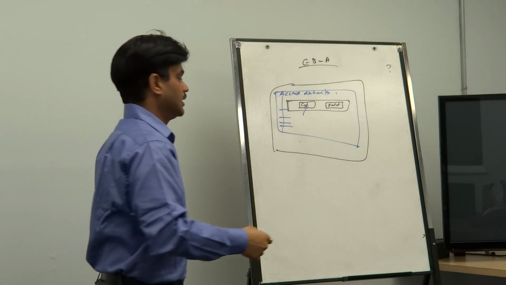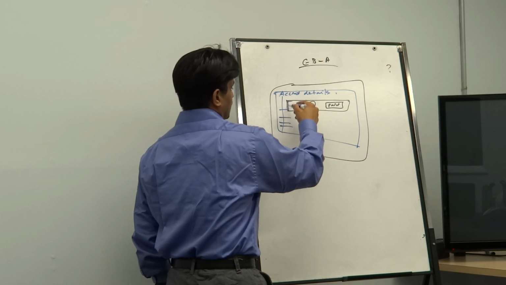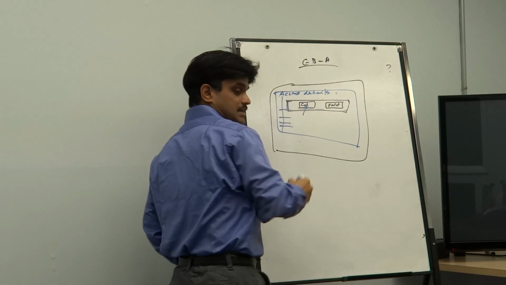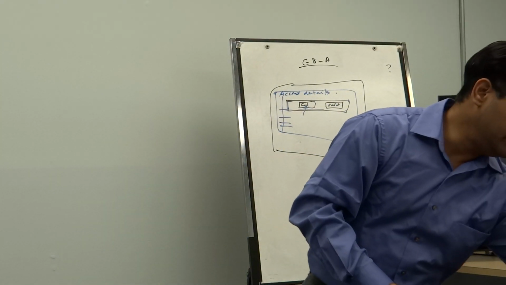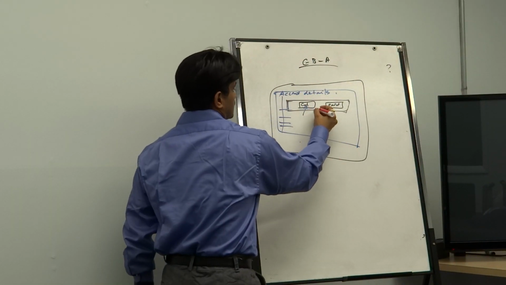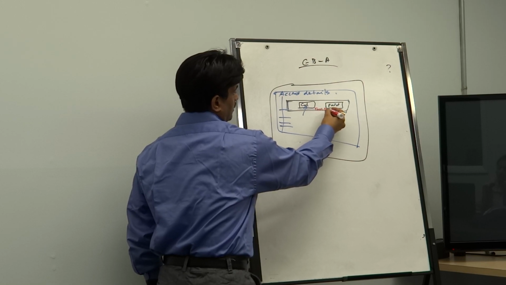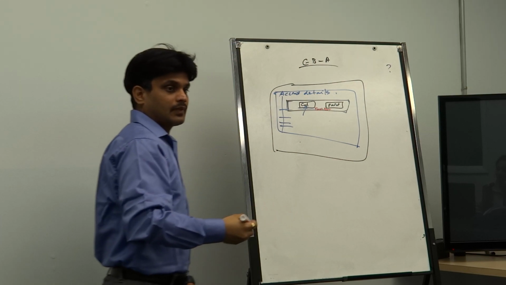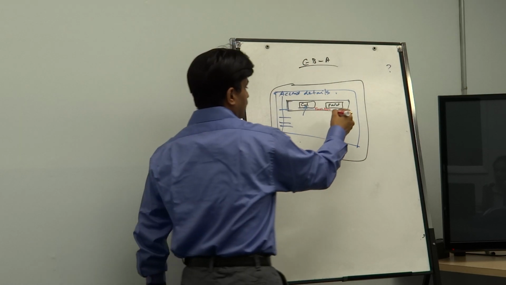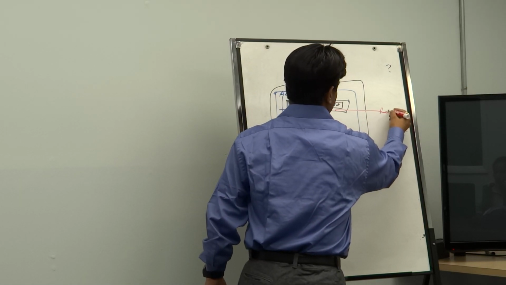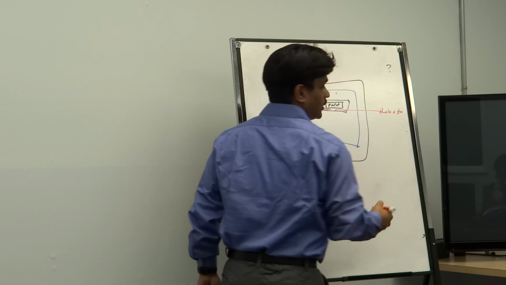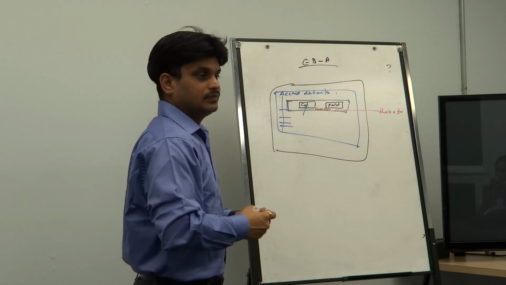If this is a requirement, and this calculator component has a font, let's say something called a toolbar, and it has to be red color, and the font has to be Roboto. The font is Roboto and it is some different color.